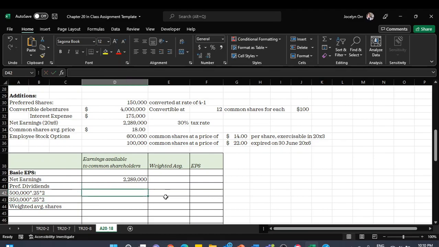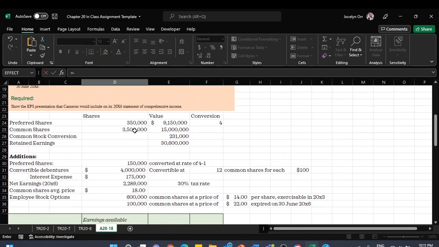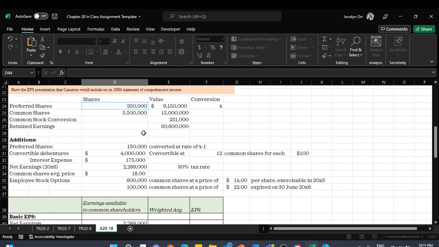Okay, so 350,000 times 0.25 times 2. I'm going to make this a negative number because we want to deduct this from our net earnings, right? Same thing here, although I think, yes, I have this pulled down so I can use my Excel formula.